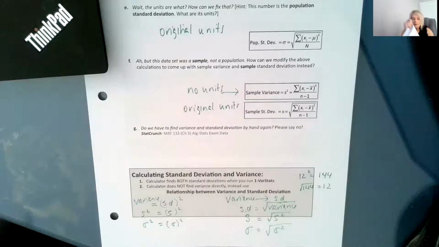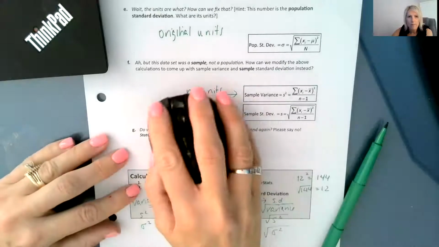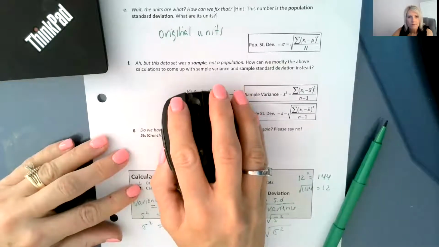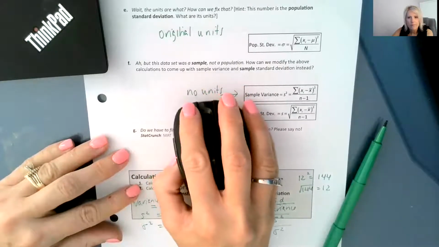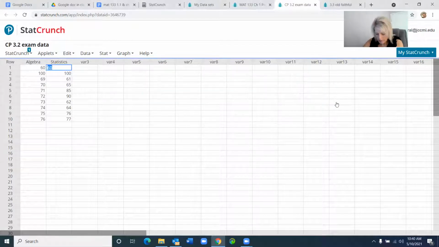So let's go back to StatCrunch so I can show you the differences here. So we took, I'm going to start over here. Let's go back to, if you flip your page to page 86 in your course pack, this will help us.